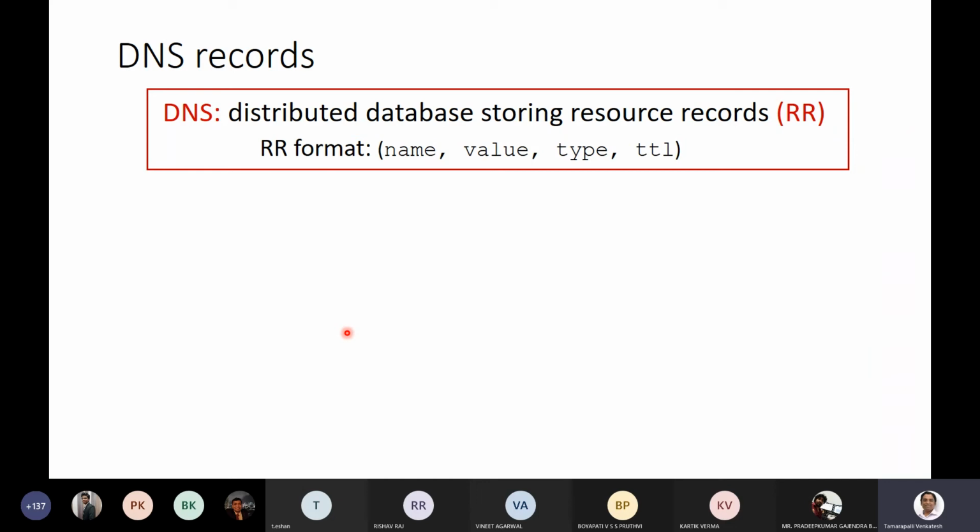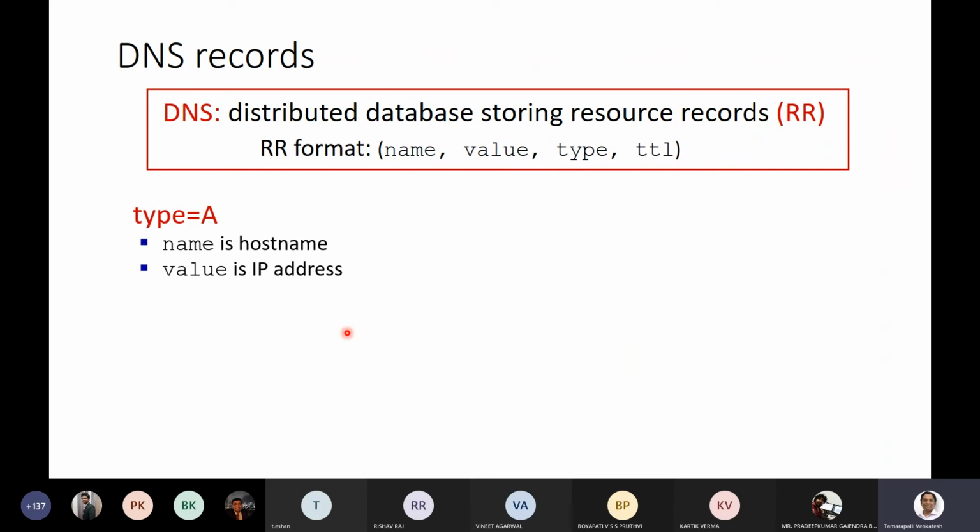Once the TTL expires, the resource record is going to be removed from the database. Depending on what type of resource record you are storing, the name and value are going to change, so the type is going to be different. We'll see a few popular types.